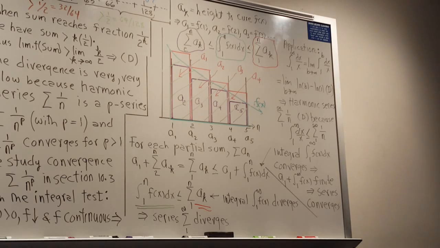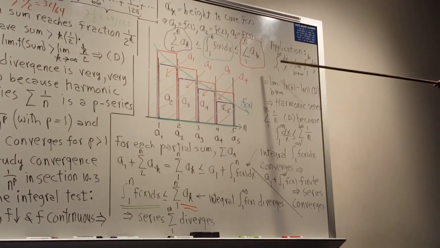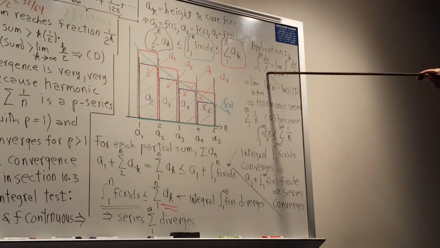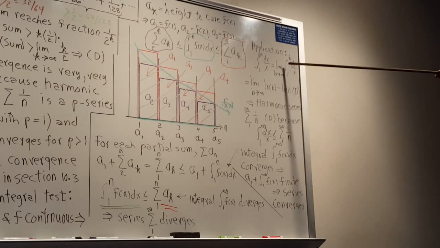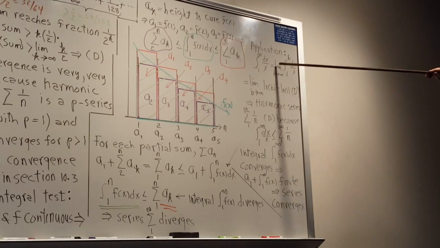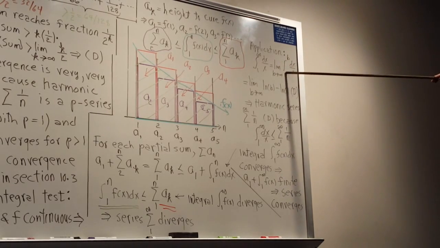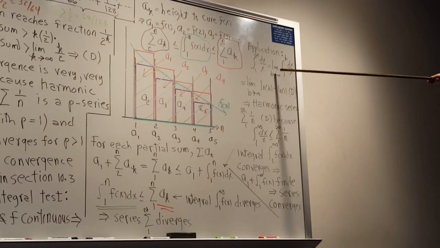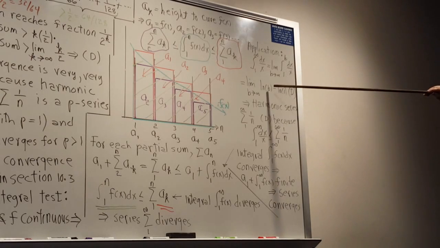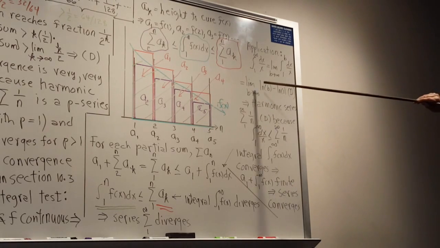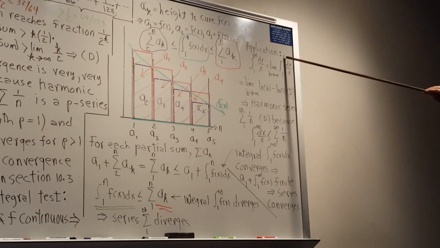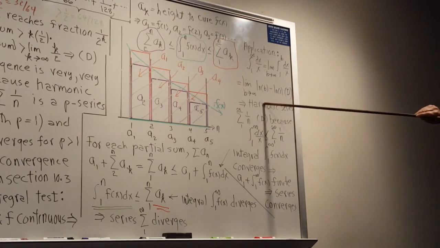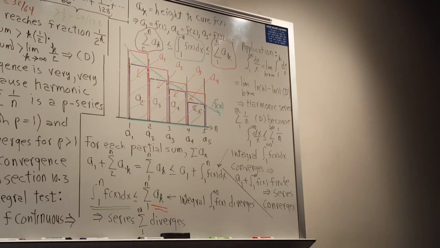So let's end with our application to the harmonic series. For the harmonic series, then, your f of x is 1 over x. And so if you look at the limit, doing this as an improper integral, like chapter 8, of the integral 1 to b as b goes to infinity, you can integrate dx over x, you get log x, so then you have log b minus log 1, and take the limit of your log, and that's divergent.